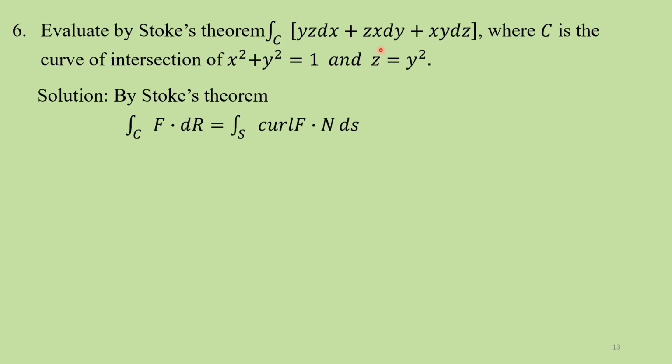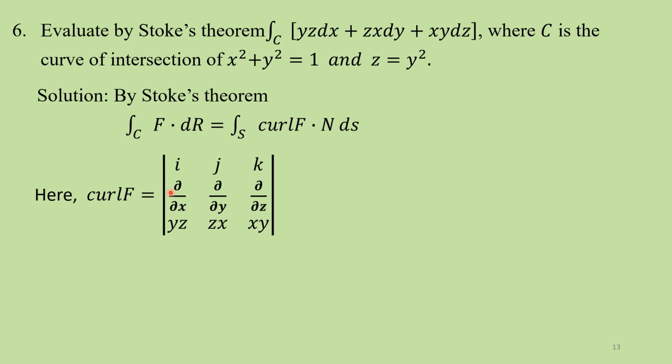So I first apply the Stokes theorem. Here I try to get the curl of the vector point function yz i plus zx j plus xy k, that is nothing but del cross f, the determinant of i, j, k, dou by dou x, dou by dou y, dou by dou z, and in the third row the components of the vector point function: yz, zx, xy.